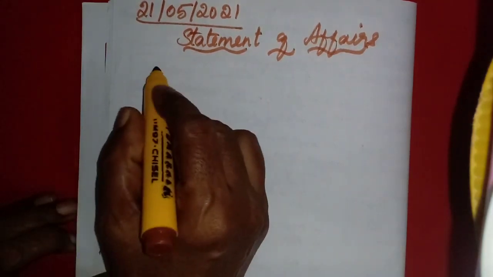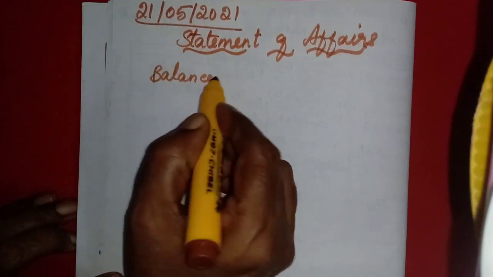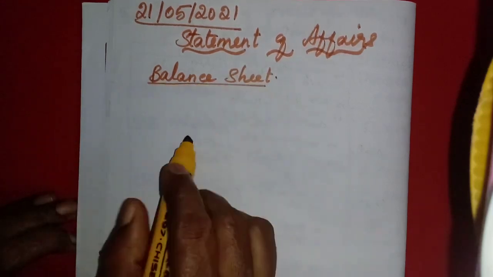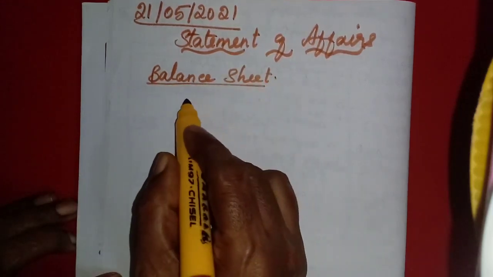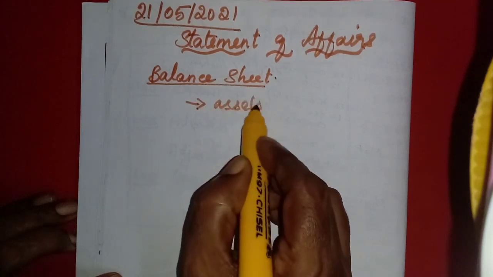So first, what is statement of affairs? In 11th standard we have studied about the balance sheet. It resembles the balance sheet, but it is not equal to the balance sheet. In both, we will enter all the assets and liabilities.